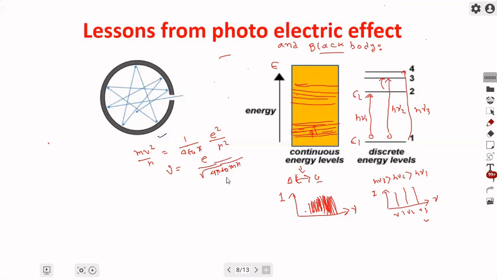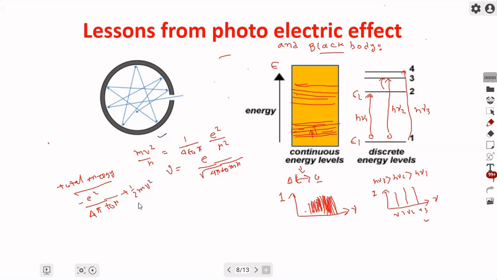Now, what is the total energy? It's kinetic plus potential energy. We know the potential energy between electron and nucleus is minus e square by 4 pi epsilon 0 r, plus the kinetic energy, which is half m v square.